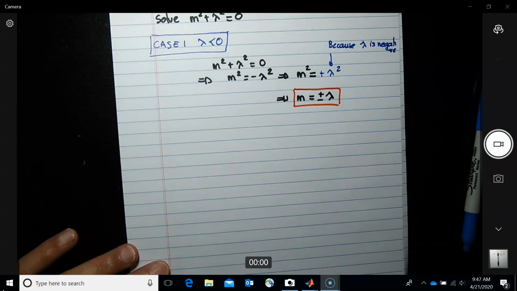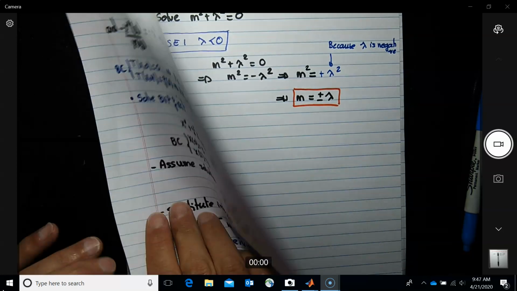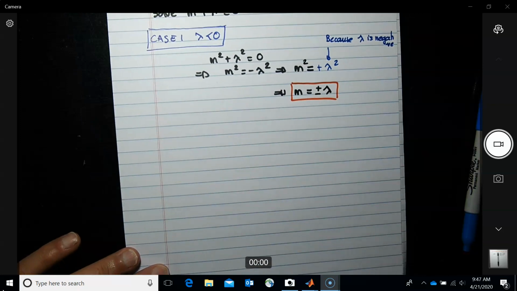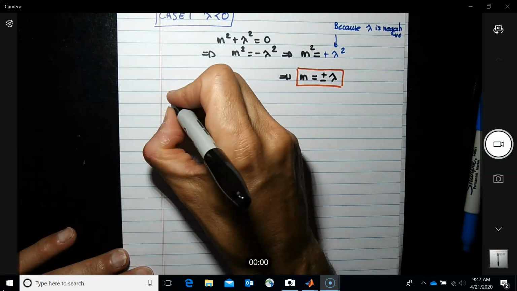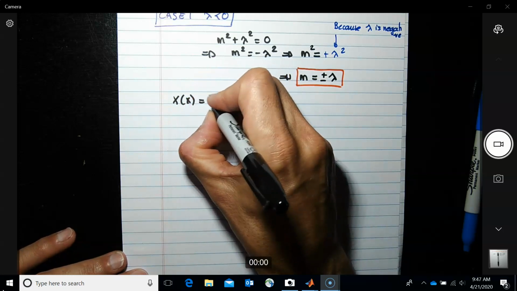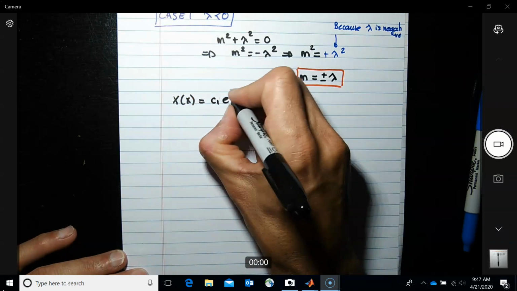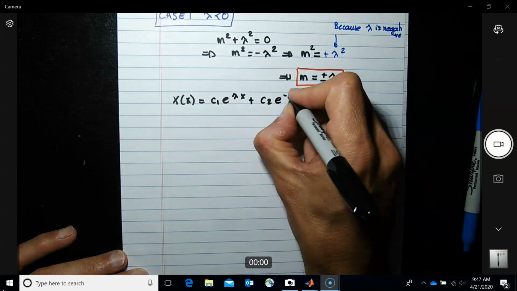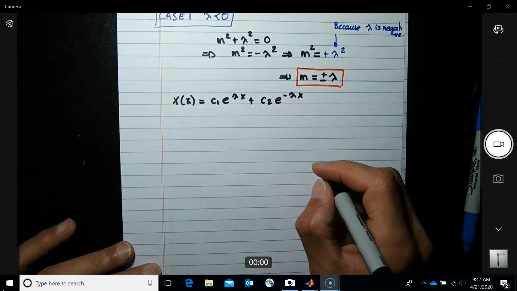Now remember what is our assumed solution. Following the procedure, that will mean that the general solution for this case of x will be equal to c1 exponential lambda x plus c2 exponential minus lambda x.